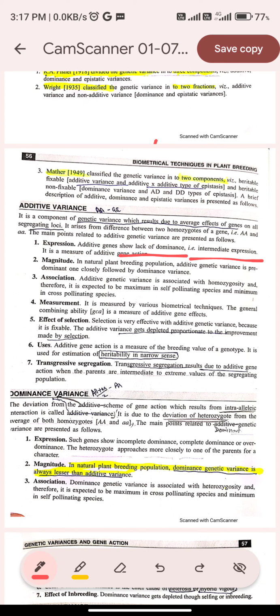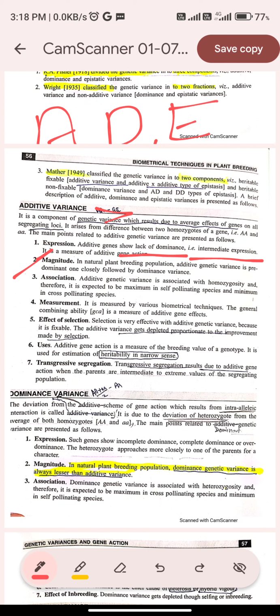In natural plant breeding populations, additive genetic variance is predominant, closely followed by dominance variance. In natural population, which variance is more? A question can be asked. Additive variance is more in natural population as compared to the other two. What are the three types? Additive, dominance and epistasis.